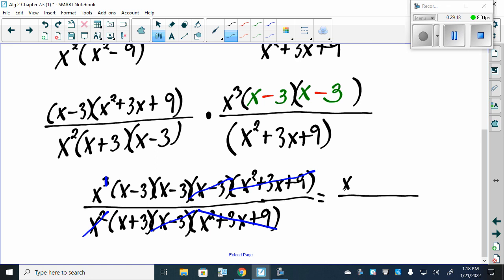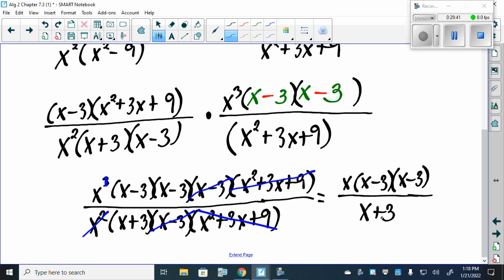We have x times x minus 3 times x minus 3 on top and x plus 3 on bottom. Now we don't have to write the parentheses on bottom since x plus 3 is the only thing left, but we can still write them if we wanted to.